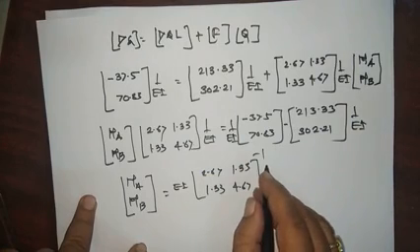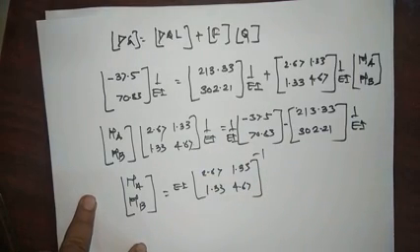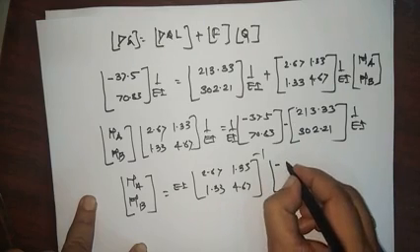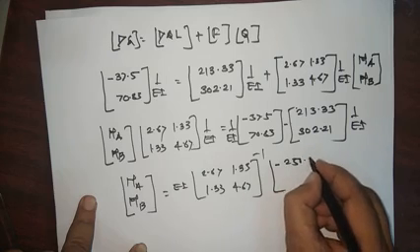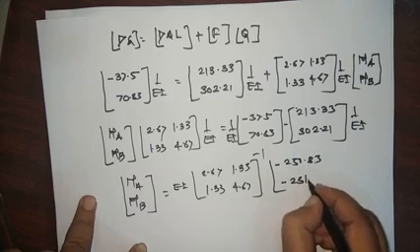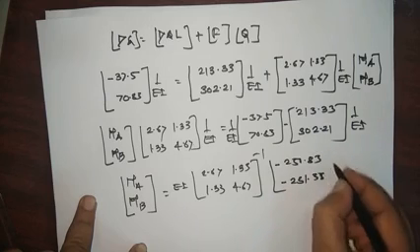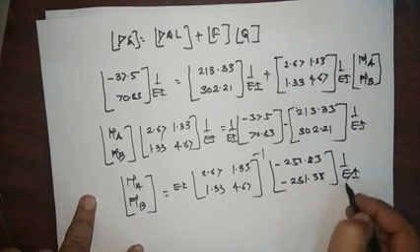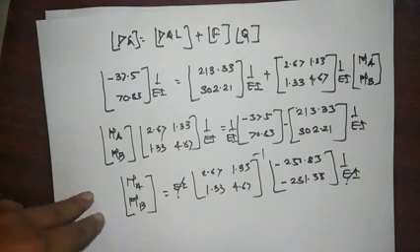So this becomes minus 250.83 and minus 231.38, 1 upon EI. Here the EI gets cancelled.